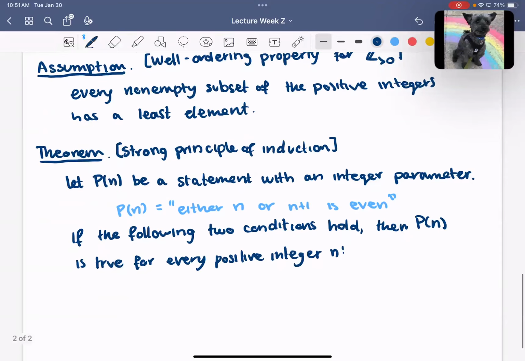Okay, so the first thing that needs to be true is we need to show that P of 1 is true. Okay, so that's the first ingredient.